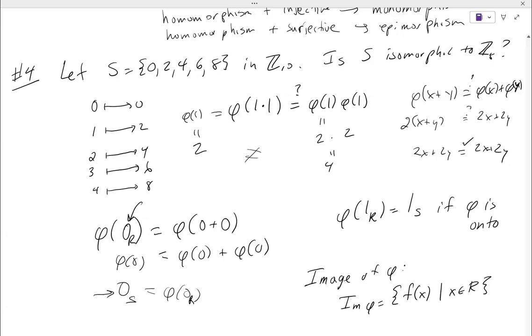It's like the range. So take anything in the domain, which I'm using as R, right? I'm thinking of phi as going from R to S. I just plug everything in from R, get everything out in S, make a collection. That's the image. Okay.